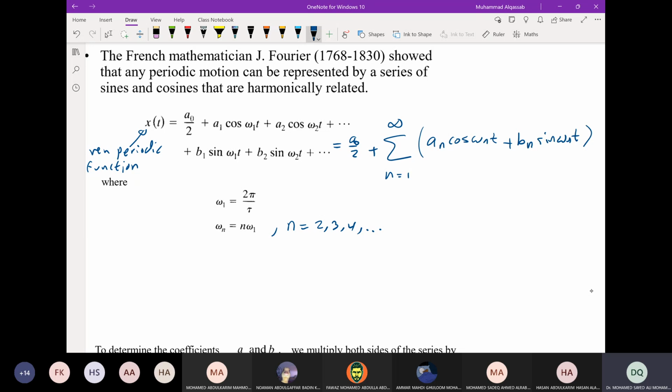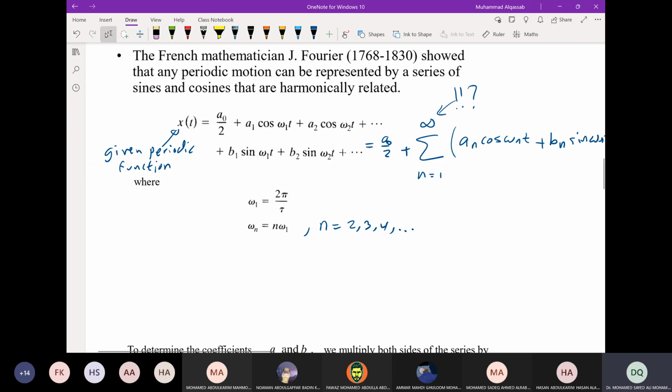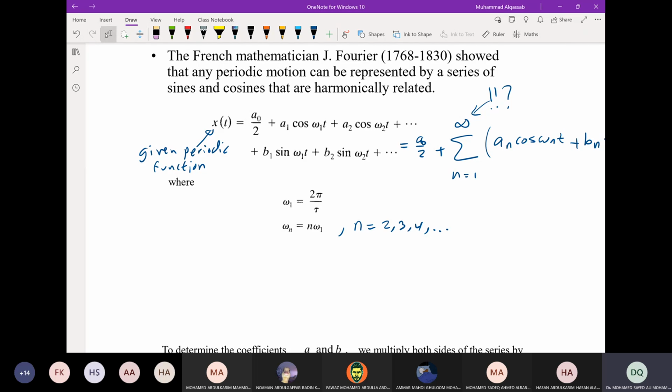omega n t. Now infinity, you will wonder, we cannot reach infinity, but the good thing about this series is that it converges with a few number of terms, so that with a few number of terms you can represent with good approximation the original, the given periodic function.